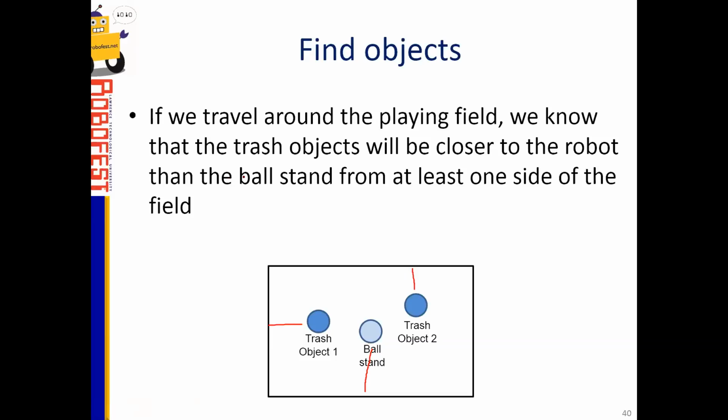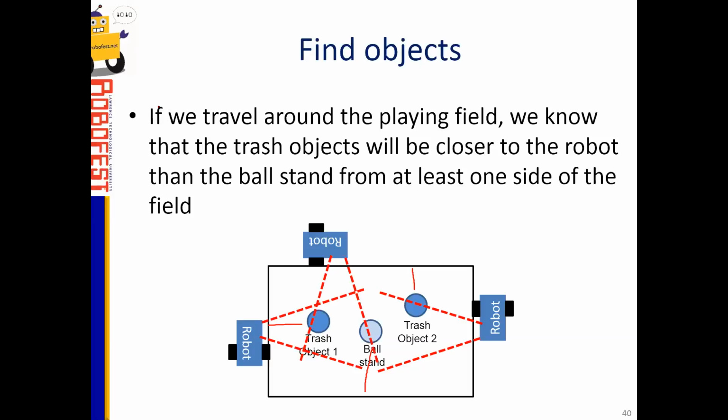But the important thing is the trash objects will always be, at least on the square field, less than the distance of the ball stand. Think about that. If the robot is here, it sees trash object 2. If the robot is here, it might see trash object 1 and the ball stand, and it might not distinguish how far they are from each other very well. But once again, if the robot comes over here, it sees trash object 1 as being really close.